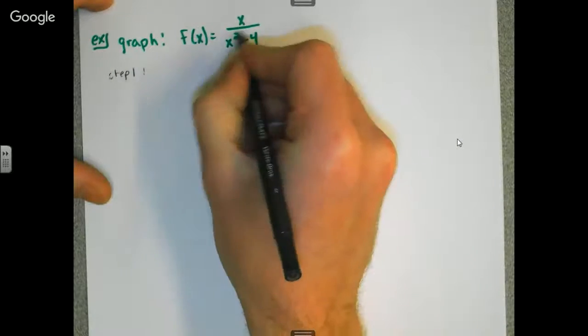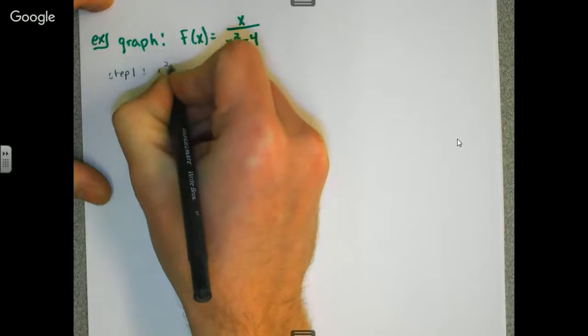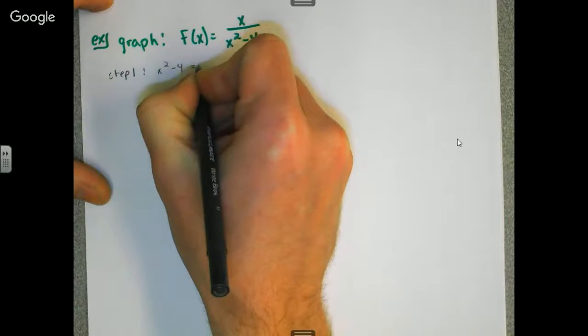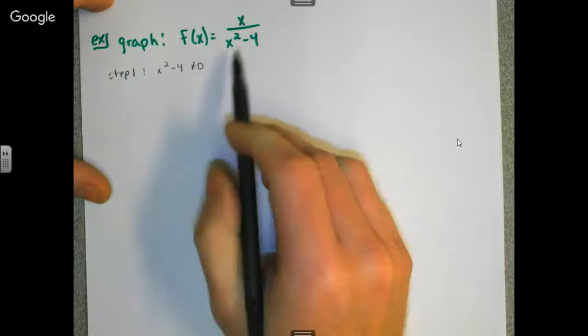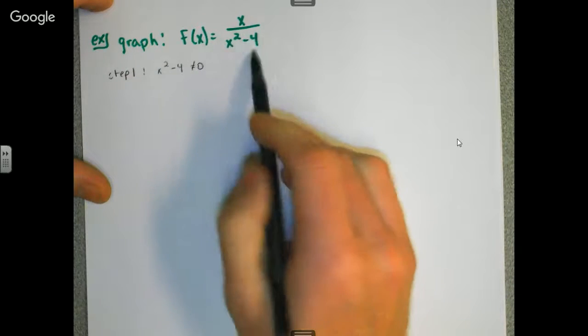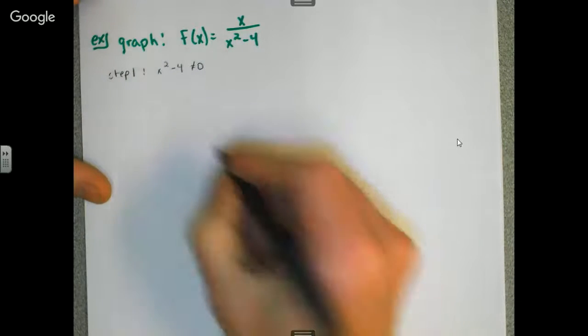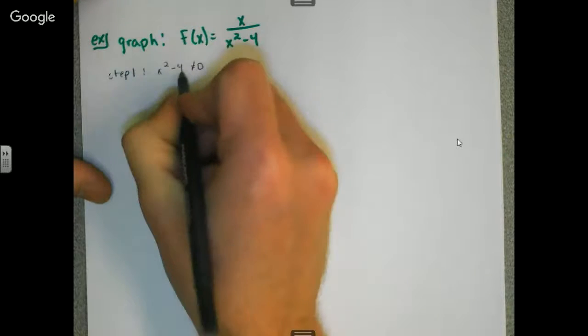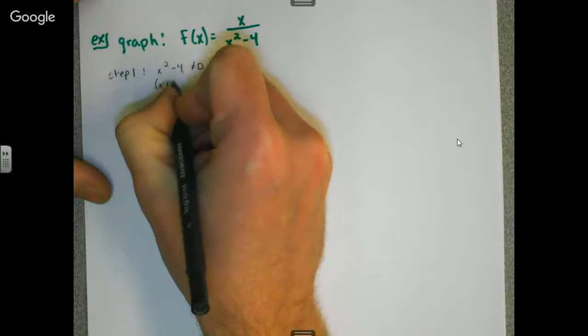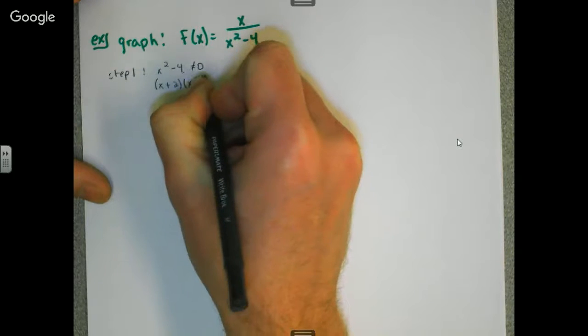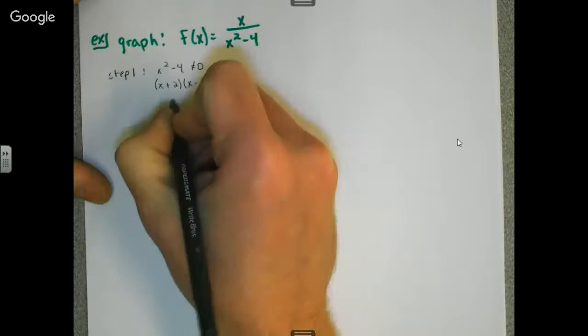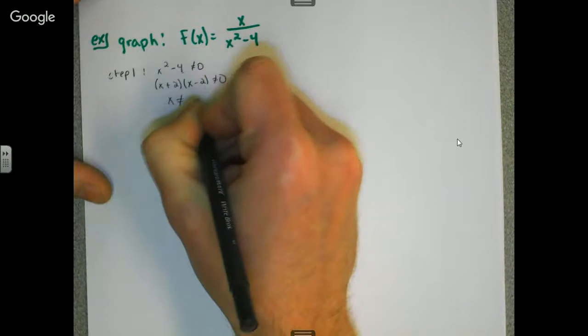So I'm taking this x squared minus 4 and setting it not equal to 0. This is where the problem occurs. I can't have a 0 down there. This is a difference of squares, so I have x plus 2, x minus 2 cannot equal 0. So x cannot equal plus or minus 2.